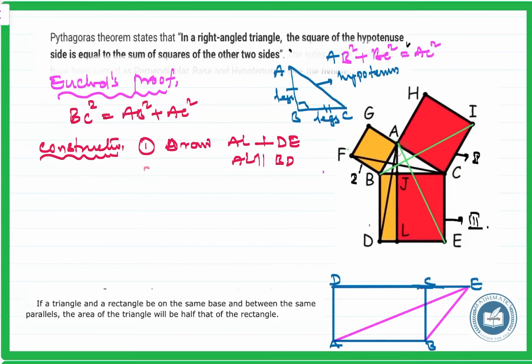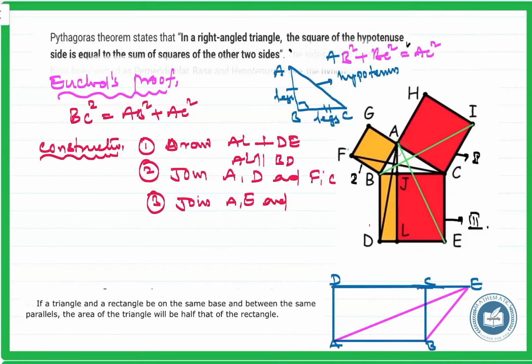Next, second one here, we have to join A comma D and F comma C. In the third case, join A comma E and B comma I. So here we have to join AE and BI, and in the second, A and D, and F and C. Here we can see some triangles are formed.